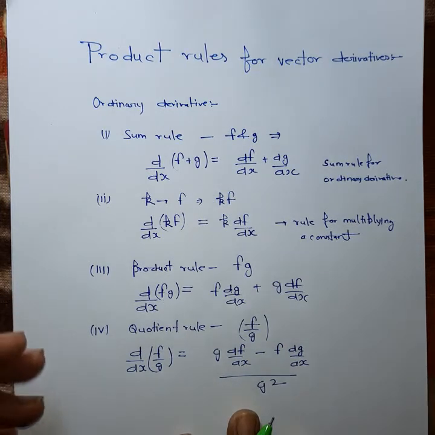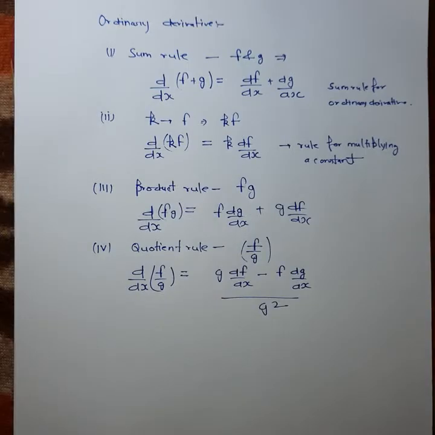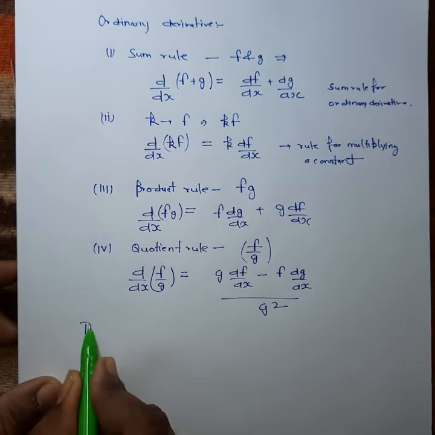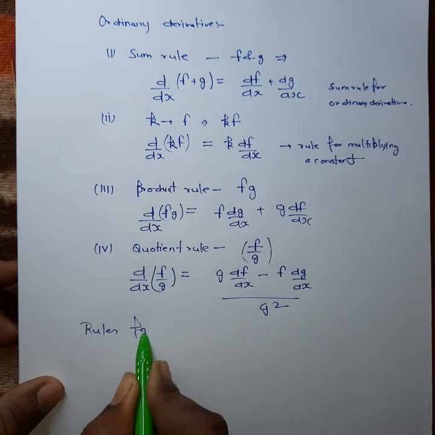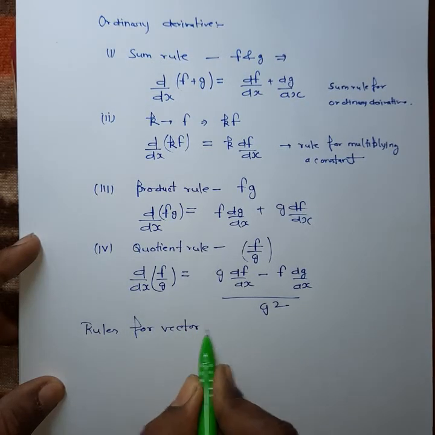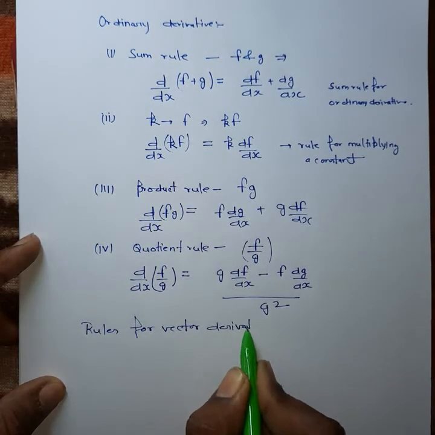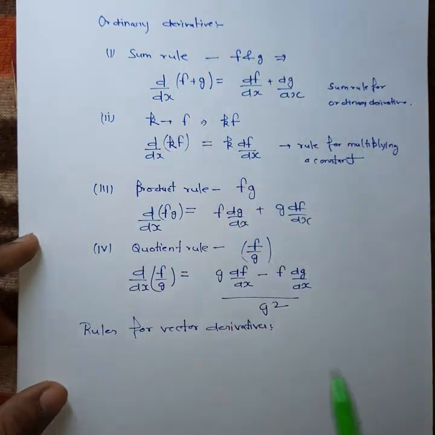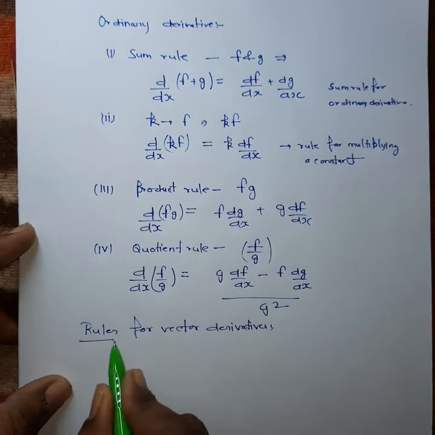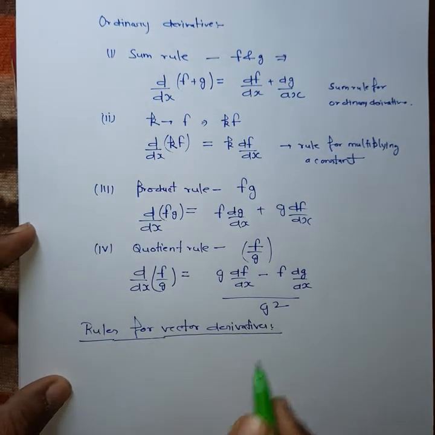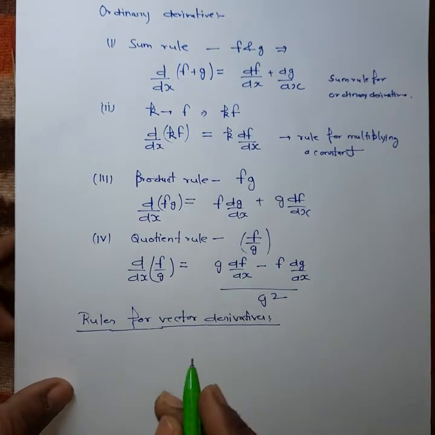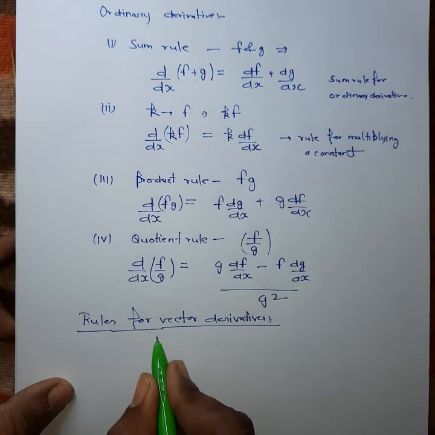A similar relation also holds for the vector derivatives. So these are the rules for ordinary derivatives. Now we are going to talk about the rules for vector derivatives. You know that there are three types of vector derivatives.